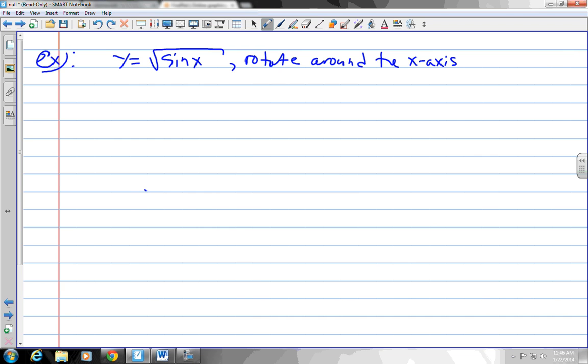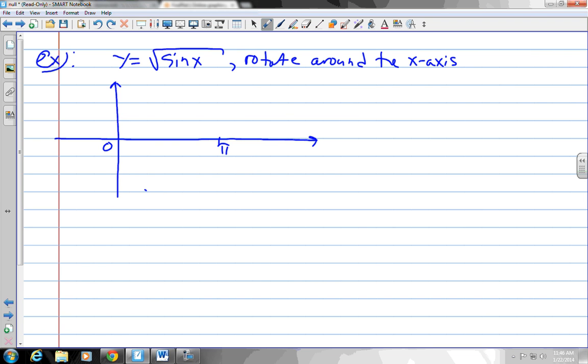Of course, there are some domain issues with that one, right? Because the sine will stay positive from 0 to pi, but then becomes negative, so I shouldn't be doing the square root of that. So we're just going to do it from 0 to pi, because that's when it stays positive. Now, what is the graph of that going to be?